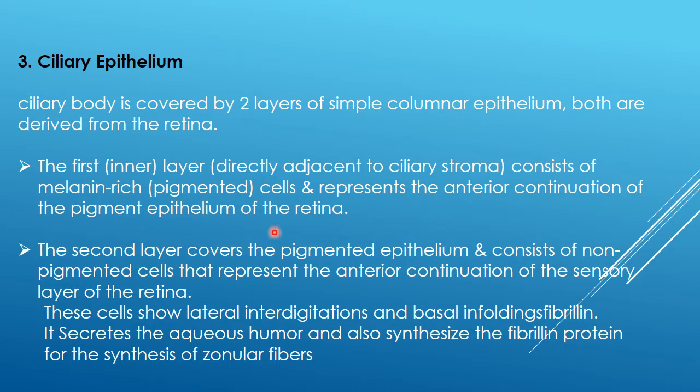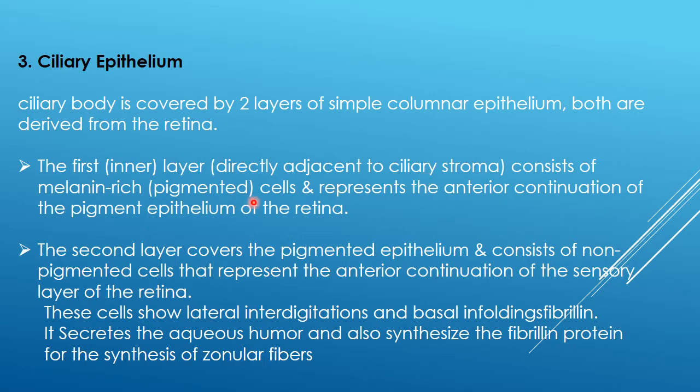As you have seen in the previous slide, the ciliary epithelium has 2 layers of simple columnar epithelium. Both of these layers are simple columnar epithelium, and they are derived from the retina. So you can say these layers are the extension of the epithelium of the retina. The first inner one is the pigmented epithelium, adjacent to the ciliary stroma.